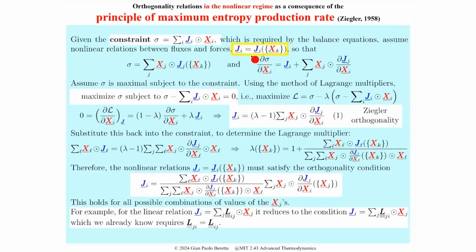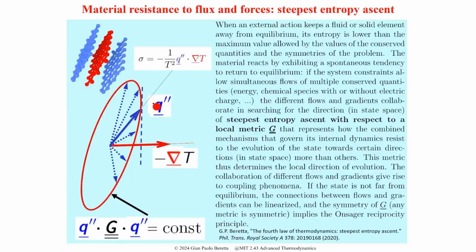In a general case, you get something else, which is a sort of generalization to a nonlinear case of Onsager relation a la Ziegler, so to speak. Okay. There is another way of viewing things. They are all sort of equivalent.